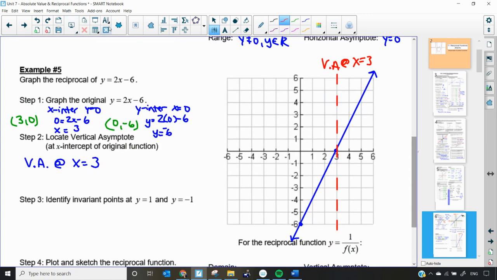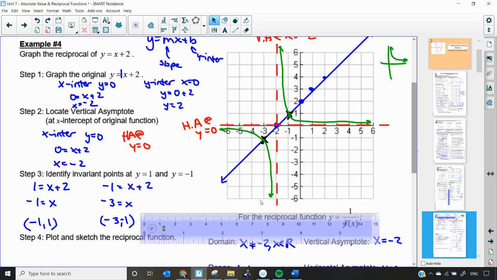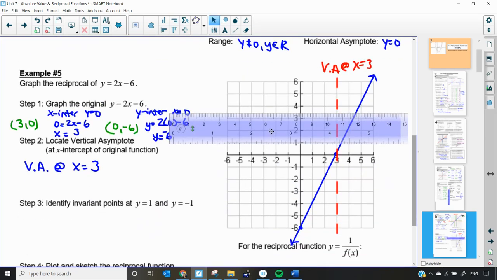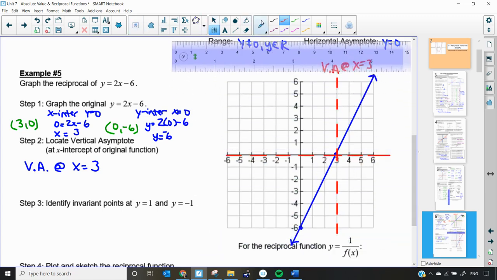And then we're going to draw our horizontal asymptote as well. And that gives us a horizontal asymptote at y equals 0.